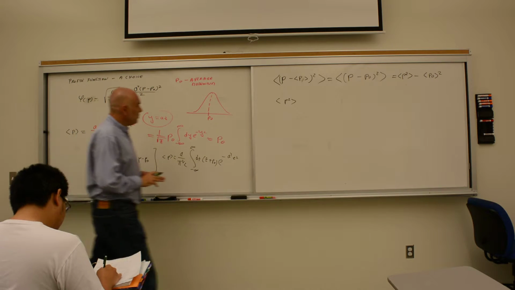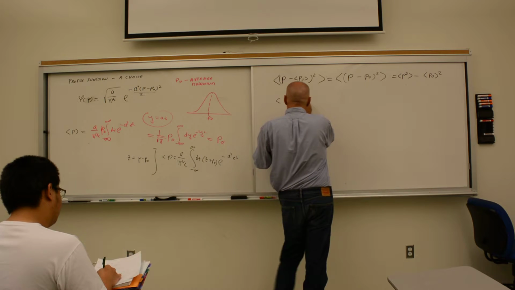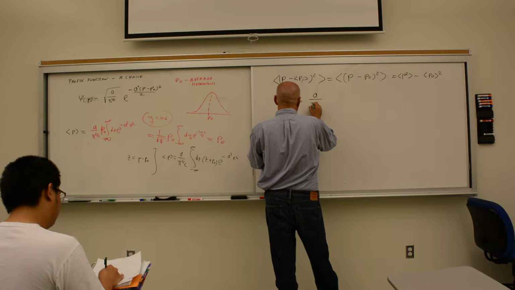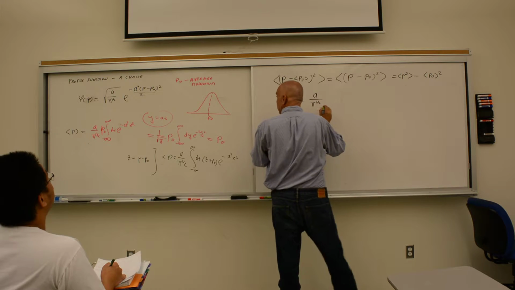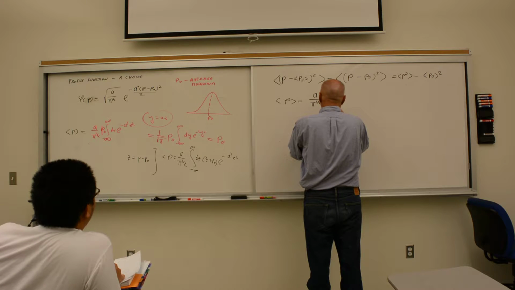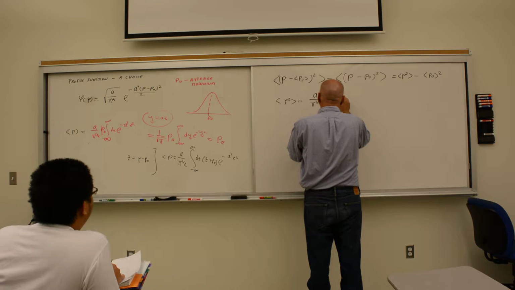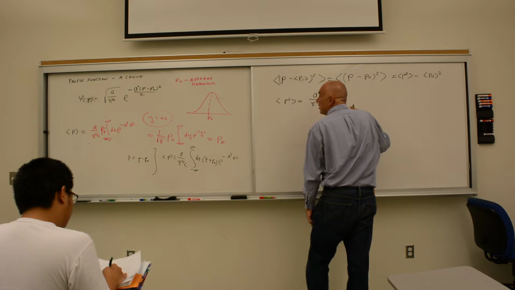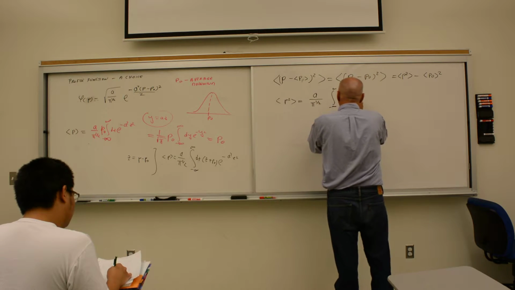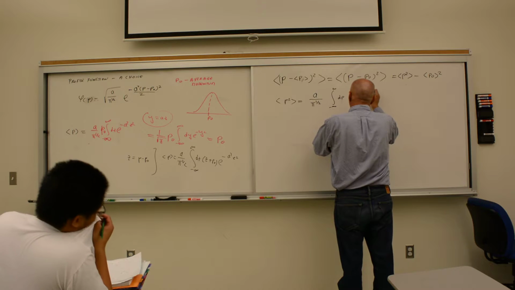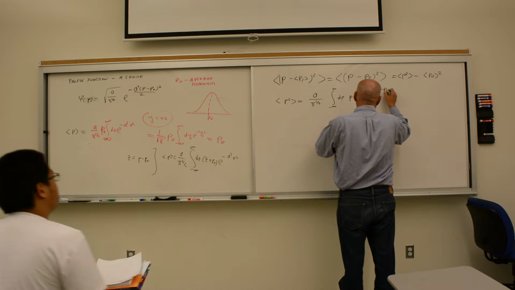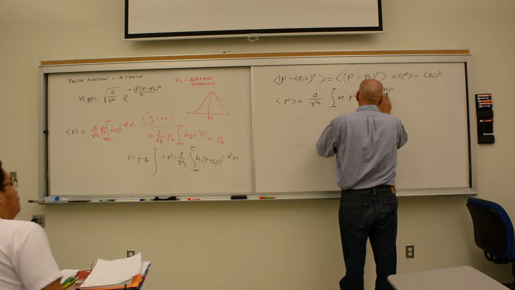So if I calculate P squared, then by definition this is a over square root of pi, integral from minus infinity to plus infinity dp, p squared e to the minus a squared (p minus p0) squared over a.